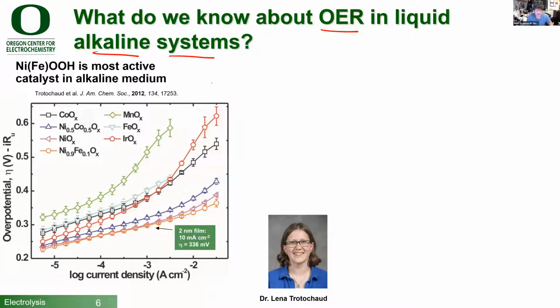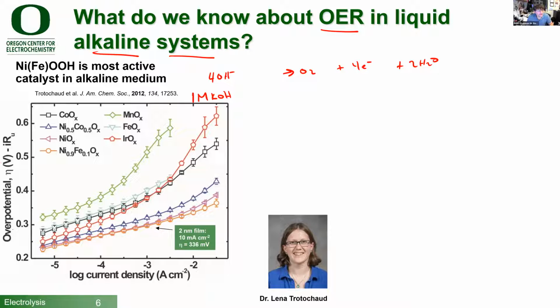So this is, again, the oxidation of OH minus. So 4 OH- goes to O2 plus 4 electrons plus 2 H2O, okay? So it's this simple reaction, but this is typically studied in, say, 1 molar potassium hydroxide at room temperature.